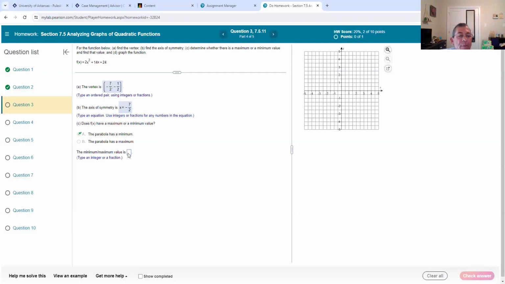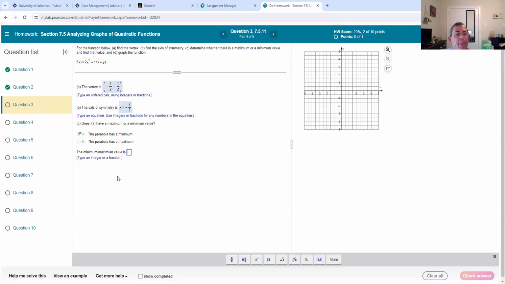Then it wants the minimum or maximum value. So y'all, what is my minimum or maximum value? All right, so what y'all got? Negative 1/2. So negative 1 divided by 2.